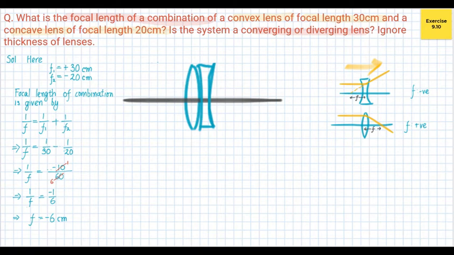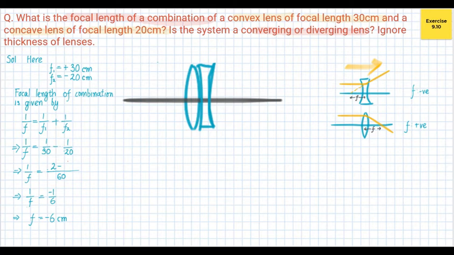Okay, wait just a minute. I made some calculation error at this point. Let me correct this one. So here the LCM is 60, right? 30 times 2 equals 60, not 20. So I'll write down 2 here. Next, put a negative sign, and 20 times 3 equals 60. So here should be 3.